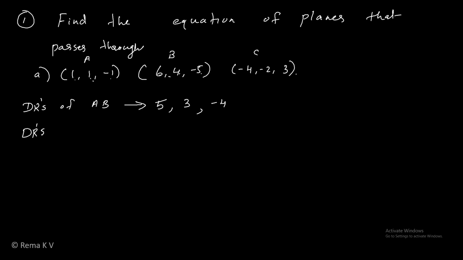Now the direction ratios of BC: minus 4 minus 6 is minus 10, minus 2 minus 4 is minus 6, 3 minus 5 is 8.